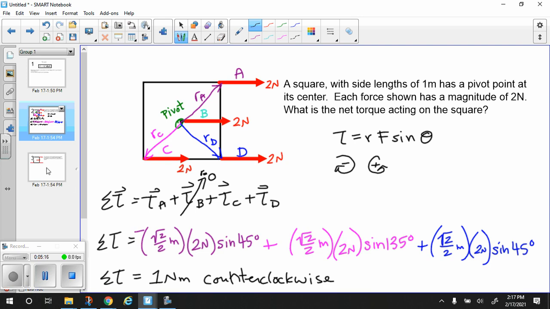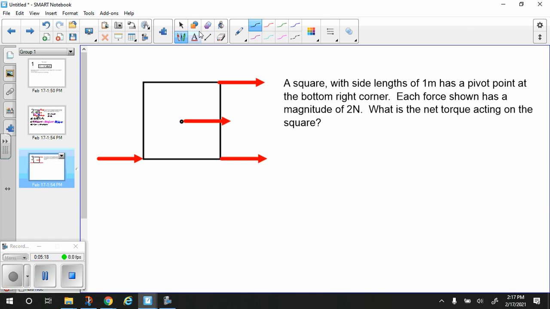Let's do one more example. This time, let's change the pivot. Let's change the pivot so that the pivot is now in this position in the bottom right-hand corner. And I'm going to label all of our forces.